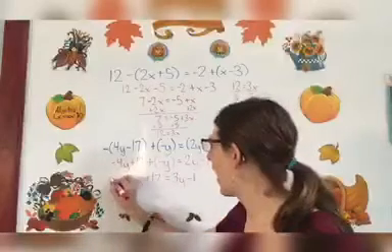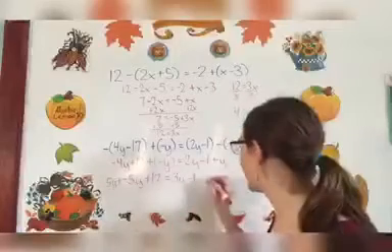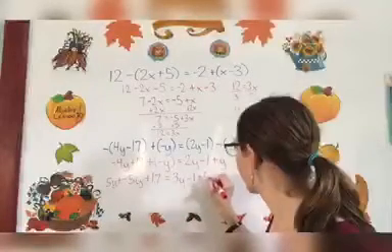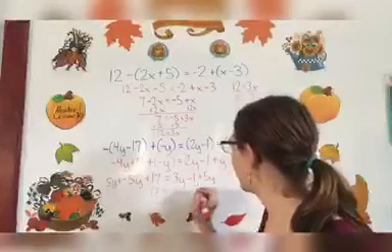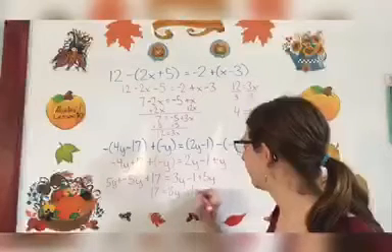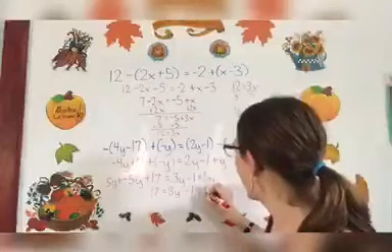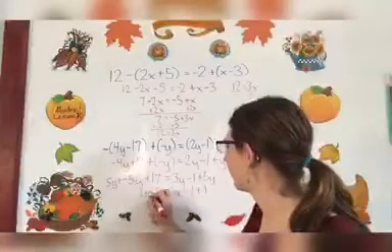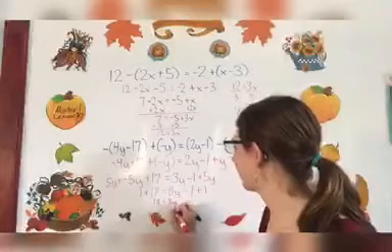Okay, now I'm going to add 5y to both sides to cancel out on this side. That gives me 17 equals 3y plus 5y is 8y minus 1. So I'll add 1 to both sides. I get 18 equals 8y.